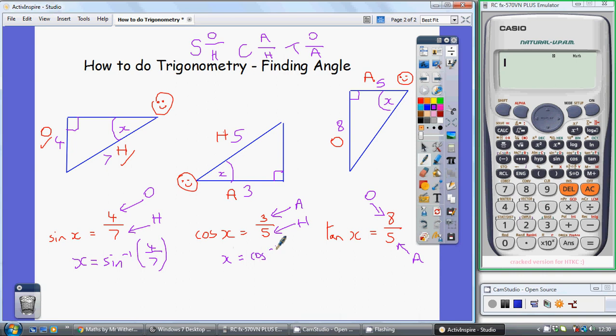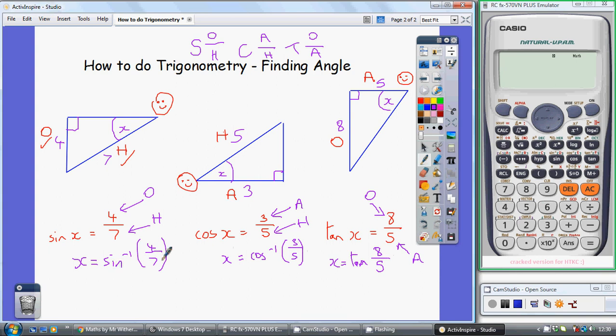And this one as x equals inverse tan 8 over 5. You can just think of it as the undoing process. So how do you make x the subject? You undo a sin by inversing sin, or what lots of people do is just remember that when you're working out an angle it's always the inverse one.